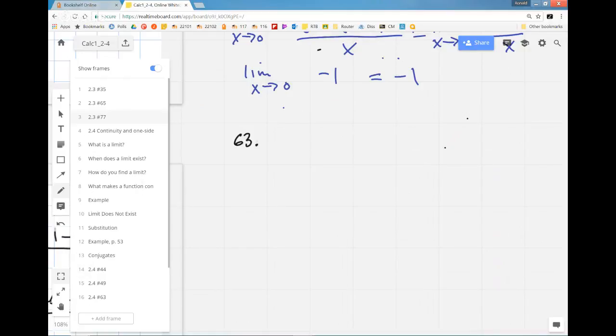And 63 is the limit as delta x approaches 0 of 2 times the quantity x plus delta x minus 2x all over delta x.